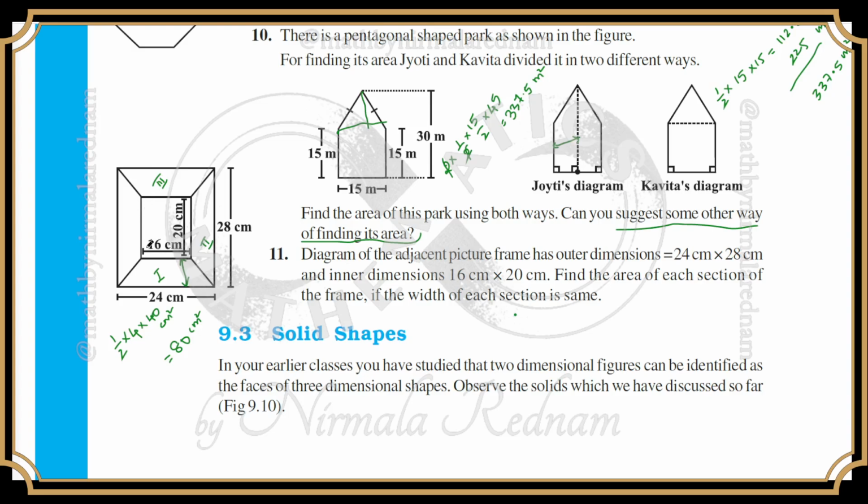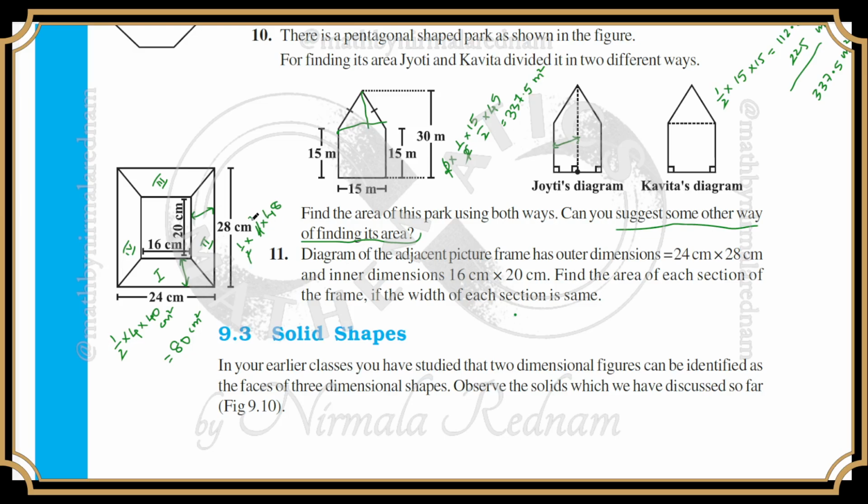And for the second and fourth trapezium, I have half. Again here, what is the height? This is the height of the trapezium, which is nothing but 24 minus 16, which is 8 by 2, which is 4. Why am I taking only half? Because I have this plus this is 8. So each one is going to be half into A plus B, which is 20 plus 28, which is 48.